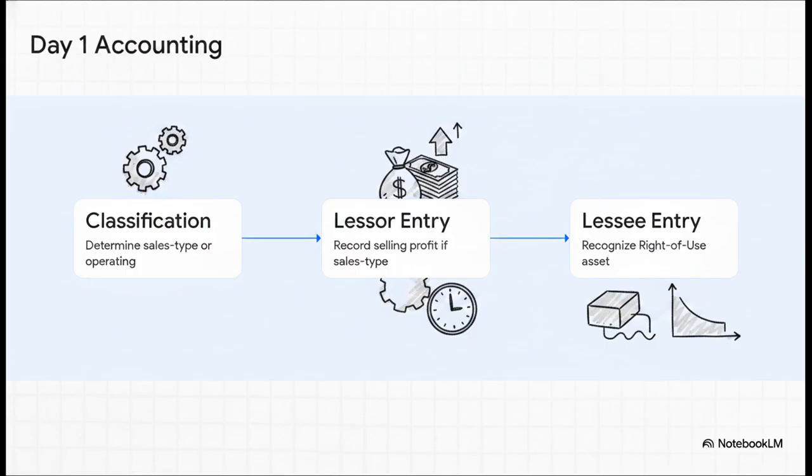Step 3 is the lessee's day 1 entry. They will debit a right-of-use asset for $62,000 and credit a lease liability for $62,000. Going forward, the lessee will recognize that front-loaded expense via interest and amortization, which is totally different from the smooth, straight-line expense of an operating lease. Keep in mind, exam questions may use messier numbers than these, but the logic stays exactly the same.